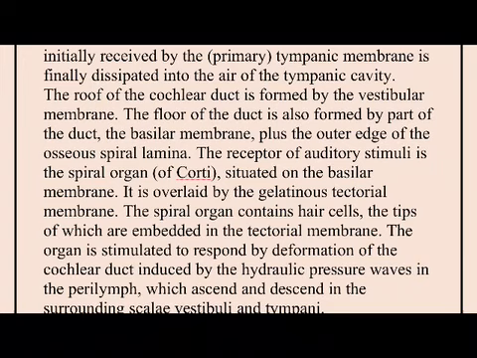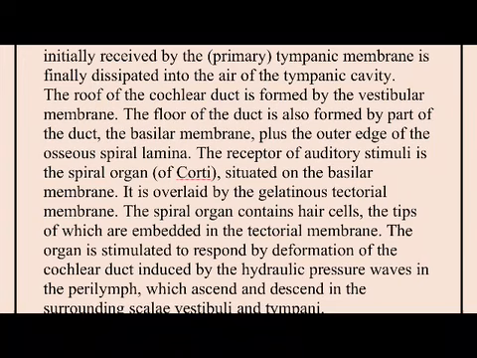The receptor of the auditory stimuli is the spiral organ of Corti, and it's situated on the basilar membrane. It is overlaid by the gelatinous tectorial membrane. The spiral organ contains hair cells, don't forget that, and the tips of these hair cells are embedded in the tectorial membrane.